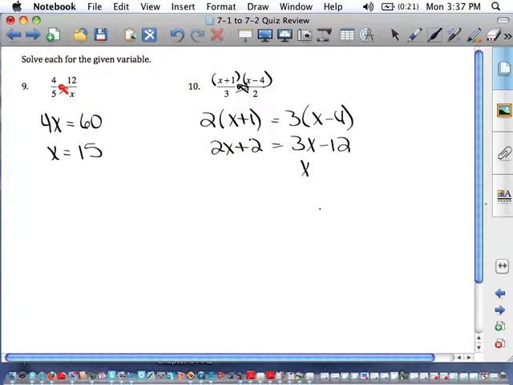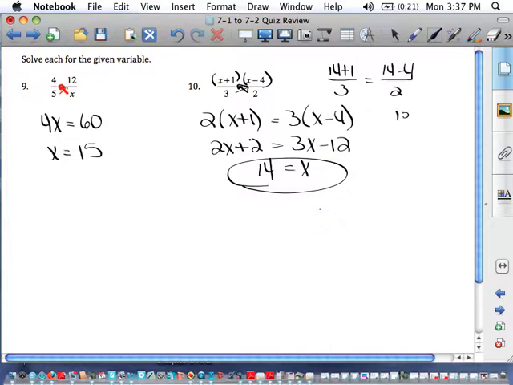Solve this, I'm going to get x is equal to 14. So if I substitute that answer back into that original problem, what's on the left should be equal to what's on the right. So I get 14 plus 1 over 3 is equal to 14 minus 4 over 2. So 15 is to 3 as 10 is to 2, and that's correct.